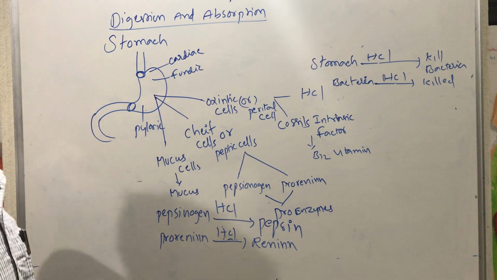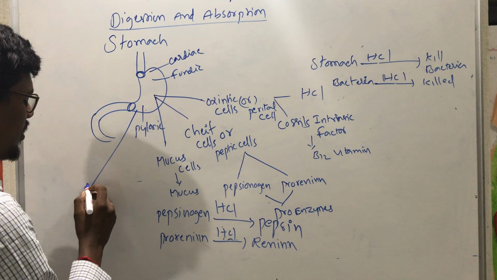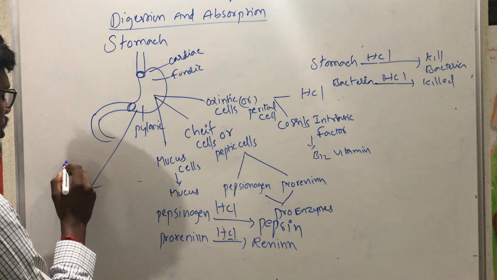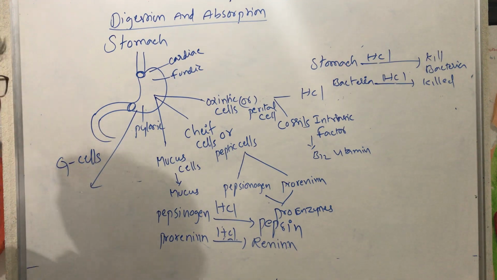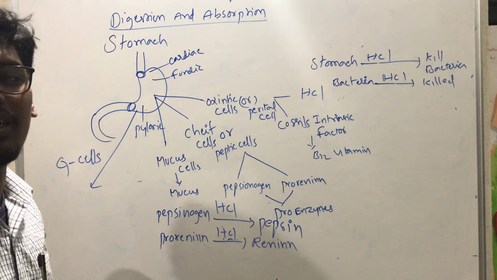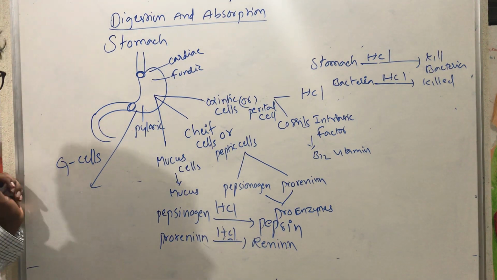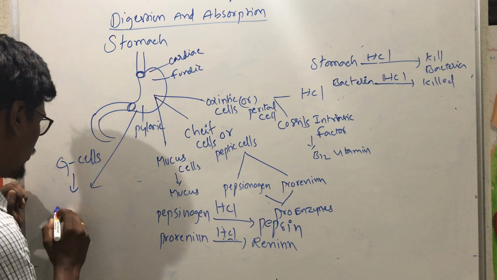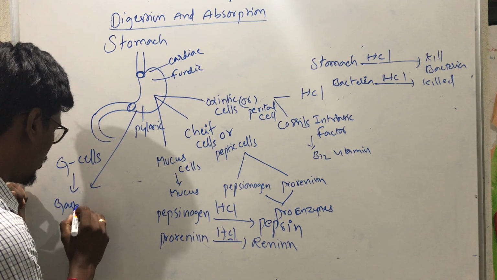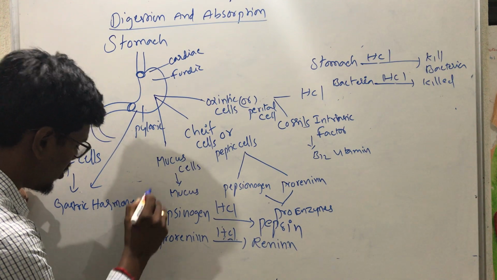The pyloric part has G cells, meaning gastric cells. These gastric cells release the hormone gastrin.